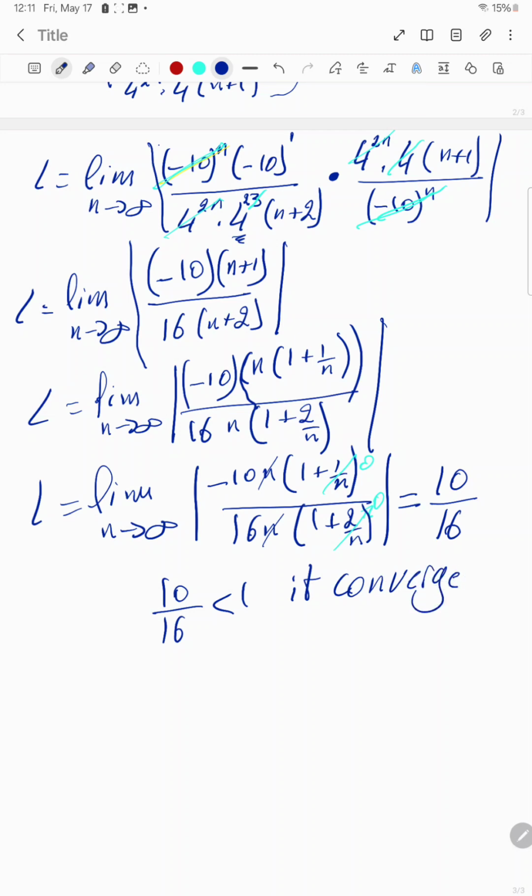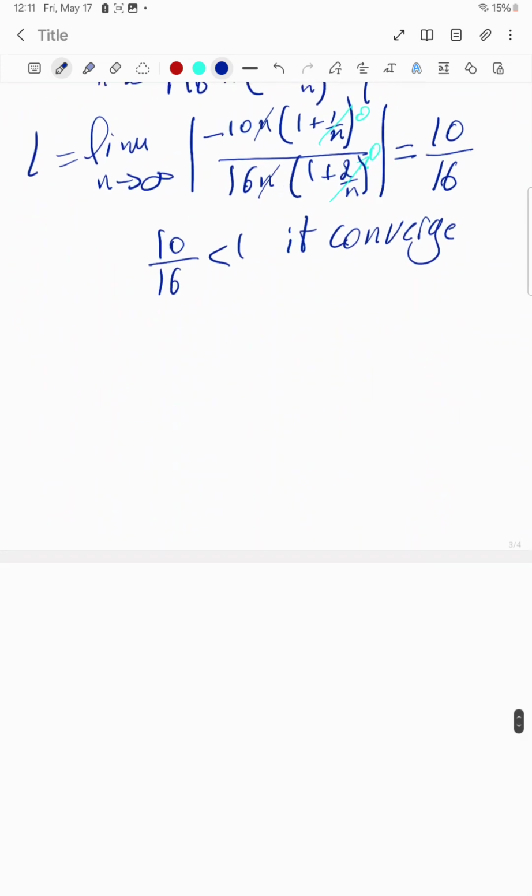So let's do the third example for the nth root test. For that, we study the limit when n goes to infinity of the nth root of a of n.